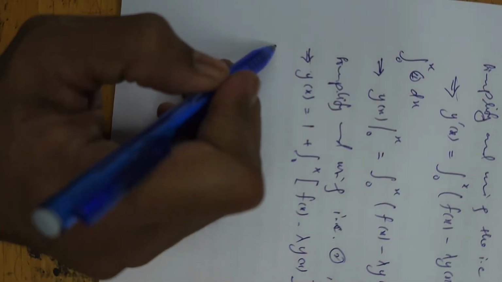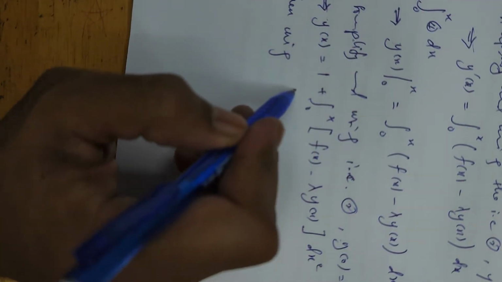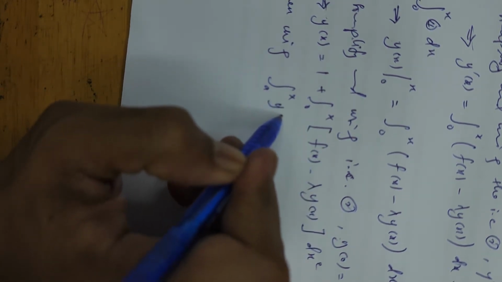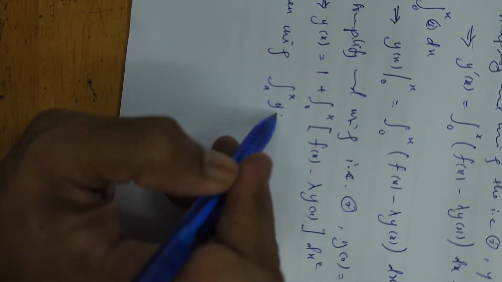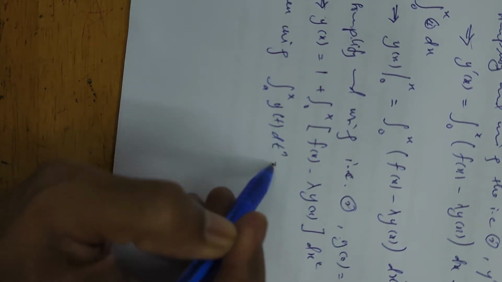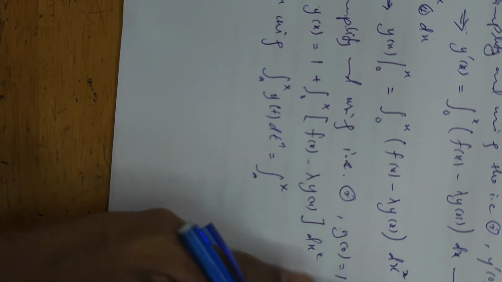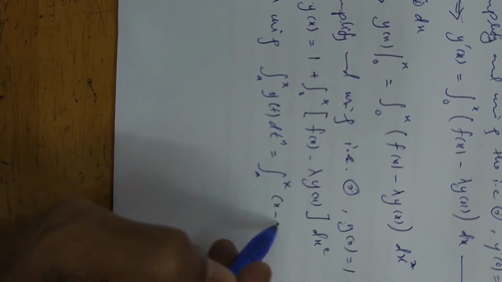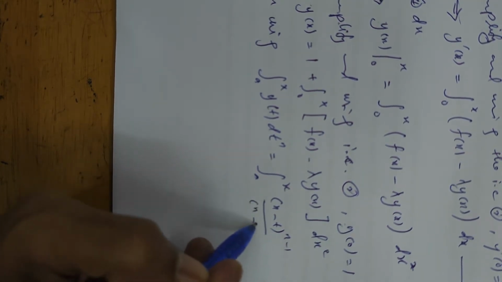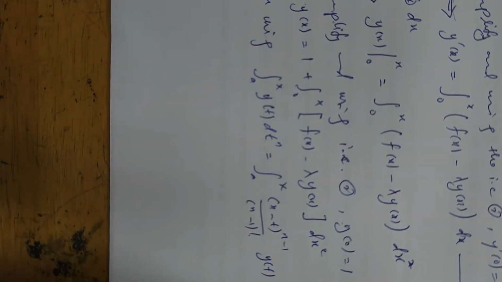Then we use the formula: the integral from a to x of y t dt n times is equal to the integral from a to x of x minus t to the n minus 1 over n minus 1 factorial, y t dt.